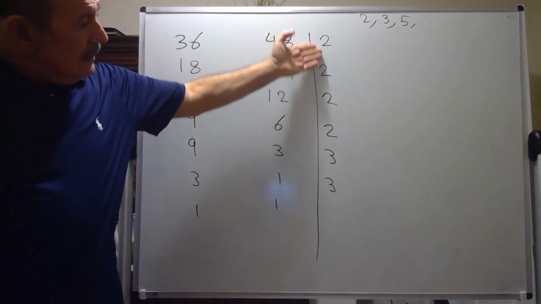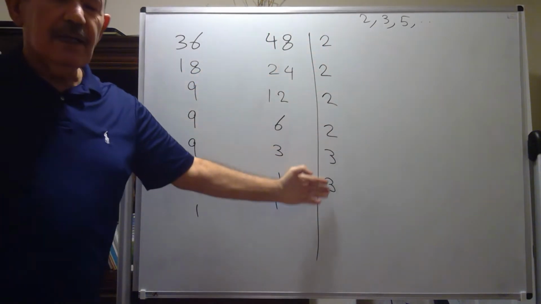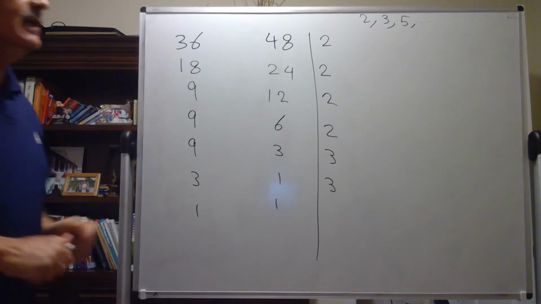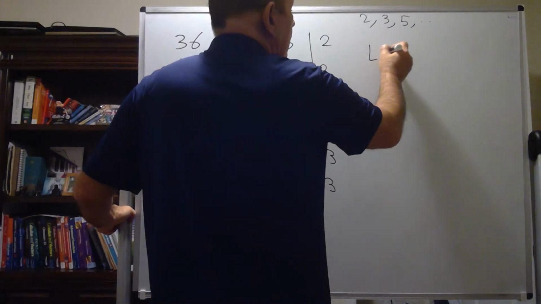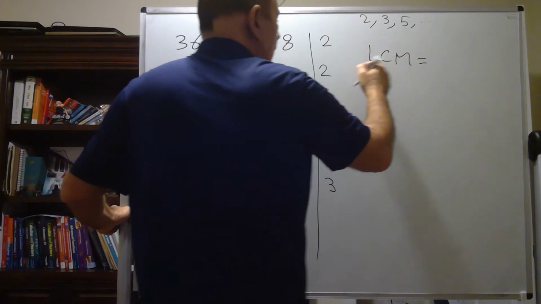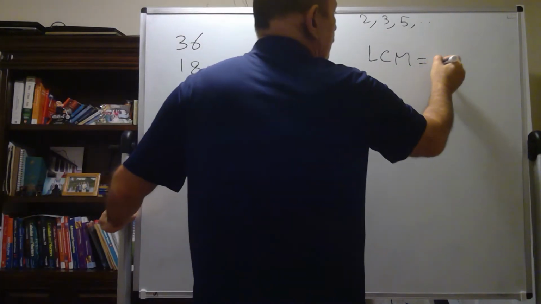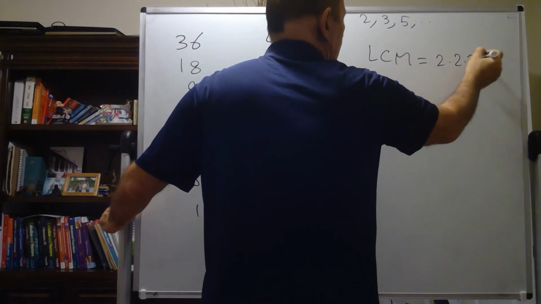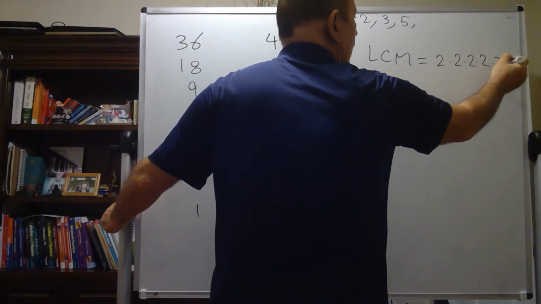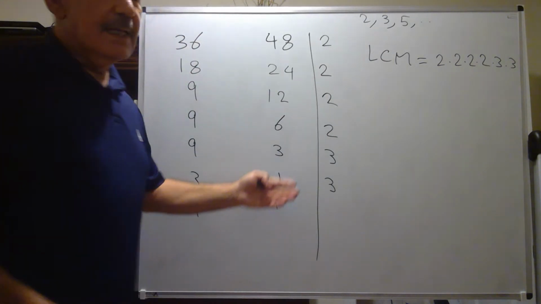So the multiplication of these numbers gives us the LCM. The LCM is going to be 2 times 2 times 2 times 2 times 3 times 3. Okay, this is the LCM.